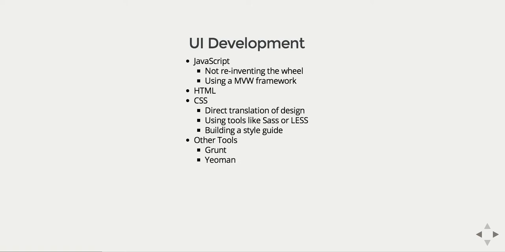We did use Yeoman, and I'll get into this a little bit later, for scaffolding, and that was very helpful for us. And Bower for package management. Bower was a little tricky for us because we wanted to have a private repo, and Bower is not very friendly about that, and I'll talk about this a little bit.